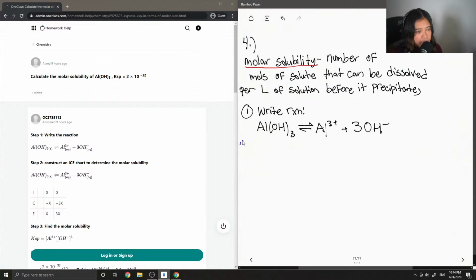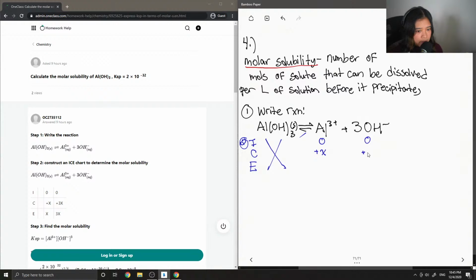So next we want to construct an ice table. So aluminum hydroxide is a solid, so we can just cross out its column. And for our products, they both start off with an initial concentration of 0. C is the change.